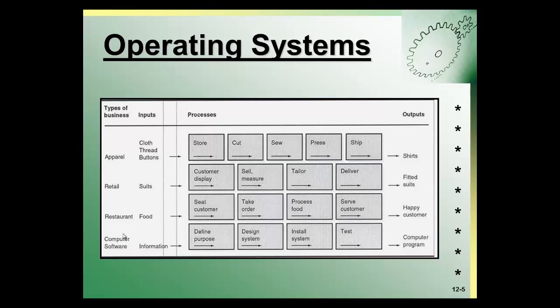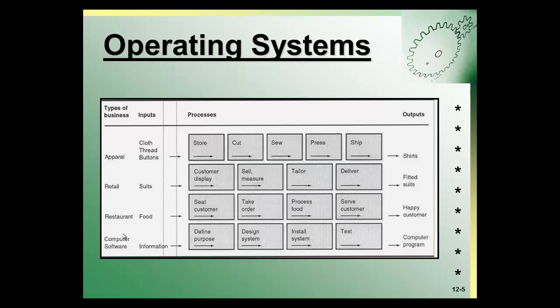And the output, or the shirt, is sent to the customer as the final product. And the retail business that sells finished fitted suits purchases unfinished fitted suits from a supplier, displays them to the customer, sells them, measures the customer, and forwards those measurements to a tailor who will make the necessary alterations and deliver to the customer a fitted suit.